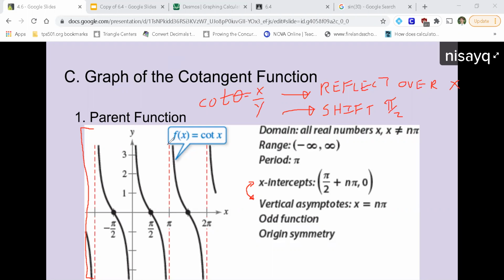So the pattern that you will use is very similar. It'll be asymptote, +1, 0, -1 asymptote, like we did for that example. So it'll be asymptote, +1, 0, -1 asymptote.